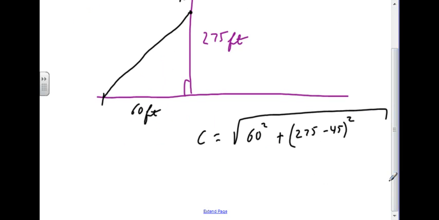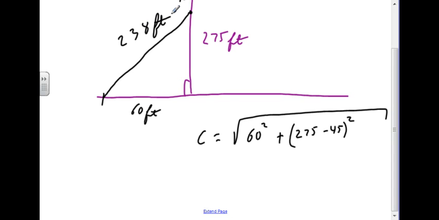Okay, so we'll put it on a calculator. Square root 60 squared plus 230 squared, close parentheses, and the guide wire is 238 feet.